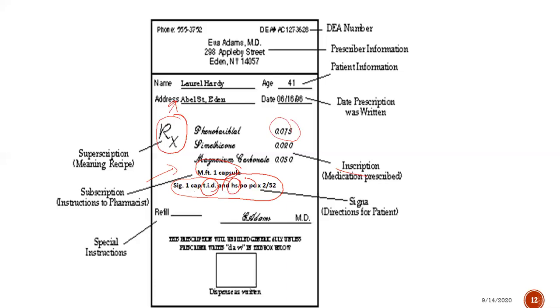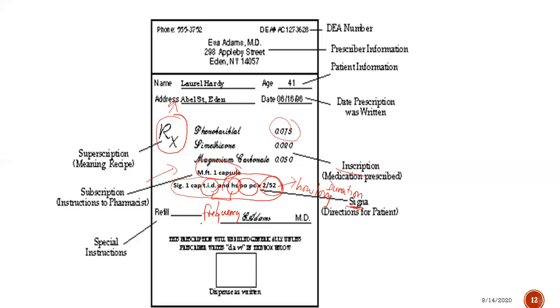And this tells you whether you're going to take it in regards to meals, whether you're going to take it by mouth, or whether you're going to inject it. And this part is for how long, which is the duration. And that's called the signatura, or SIG for short.